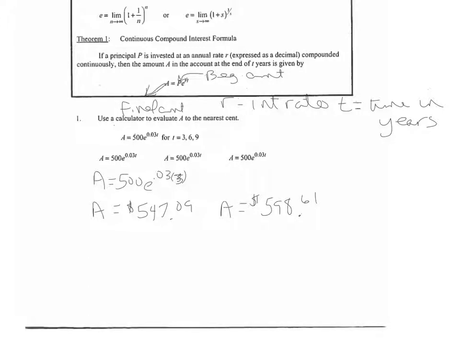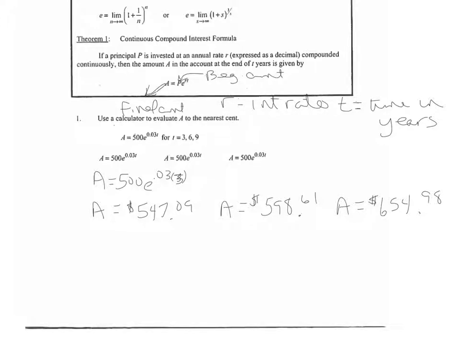Let's see what happens after 9 years. 500 times e raised to the 0.03 times 9 power is 654, actually 655, because it's 654.98 rounded to the nearest cent. Okay, so we increased a little over $100 extra for those additional 6 years.